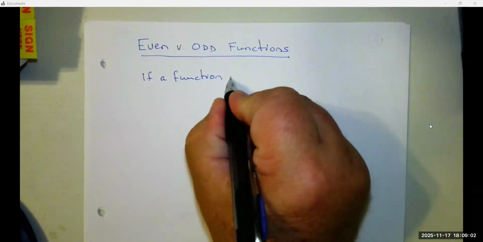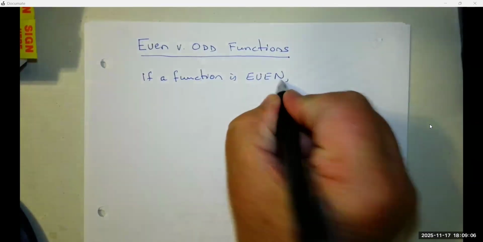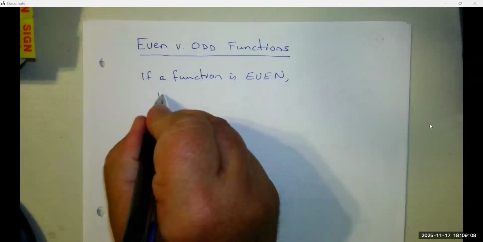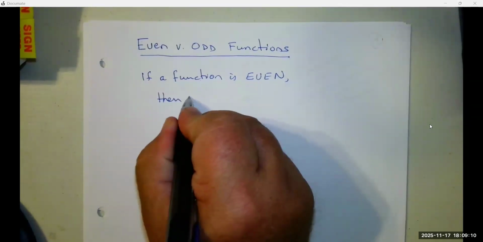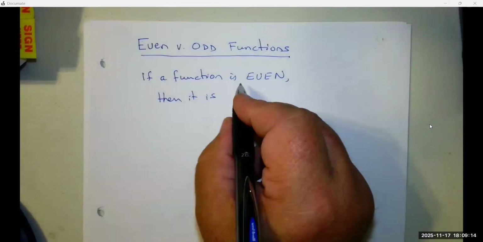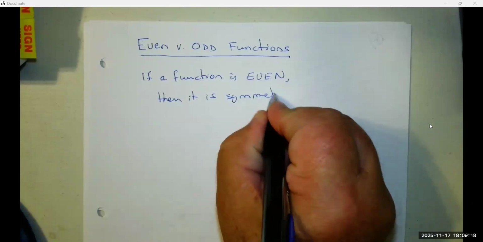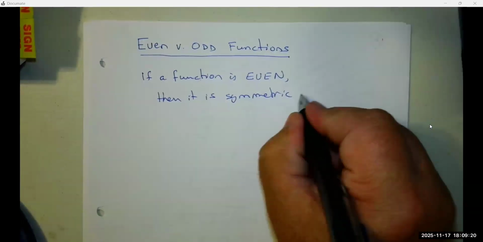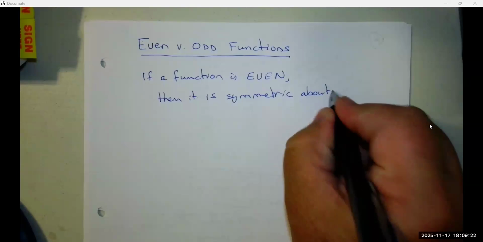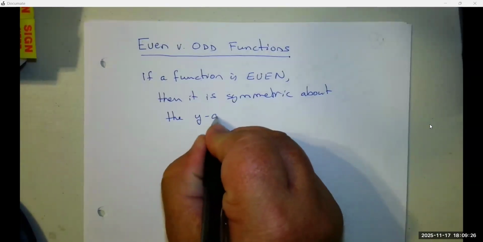If a function is even, then it is symmetric about the y-axis.